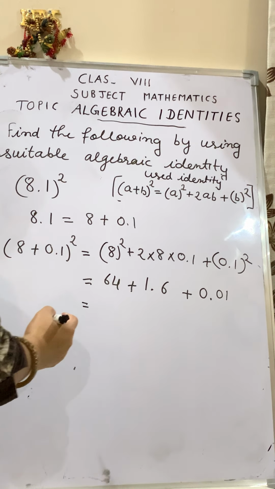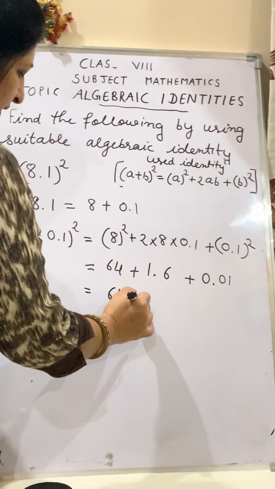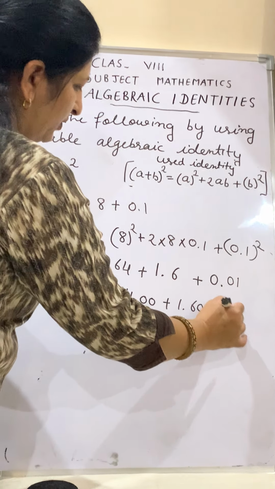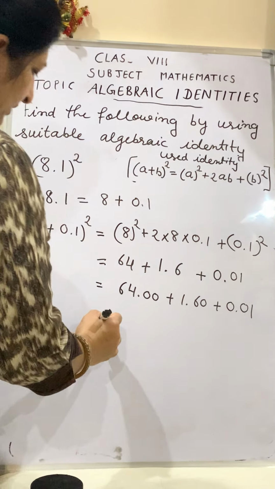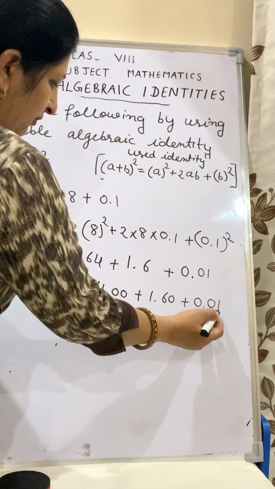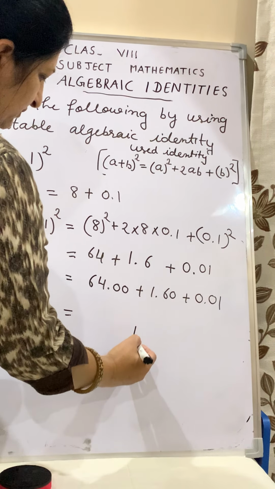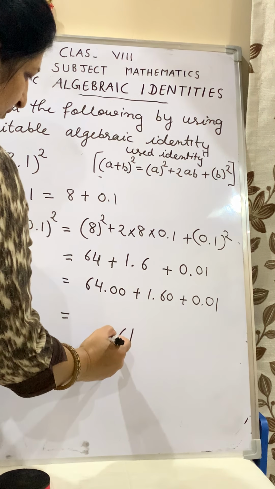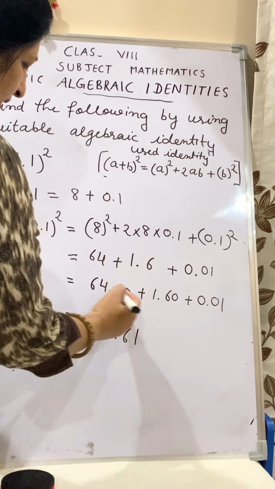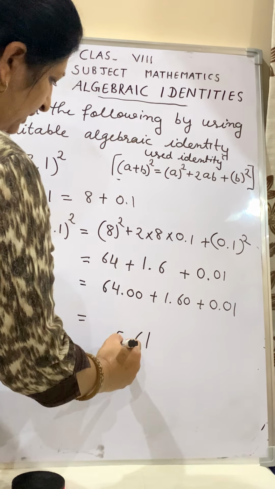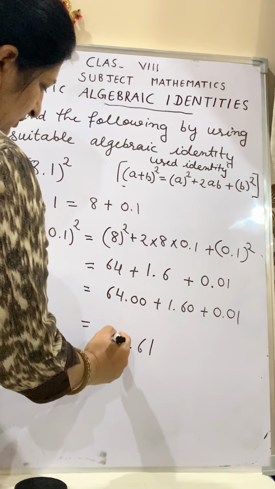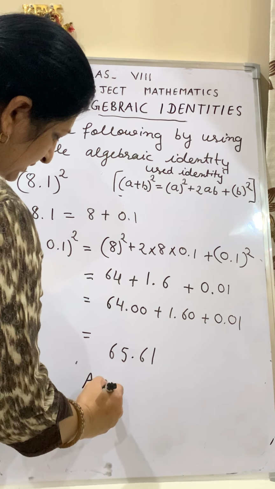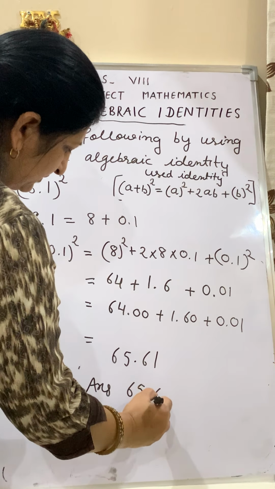We can write 64.00 plus 1.60 and plus 0.01. Then we add: 1 0 0, it is 1; 6 and 0, 6; now decimal places, 0, 1 and 4, 1 and 4, 5. Now the tens place, it is 65. The answer is 65.61.